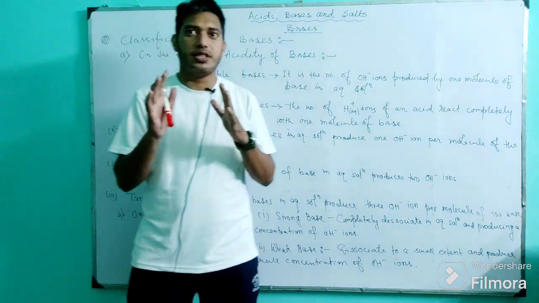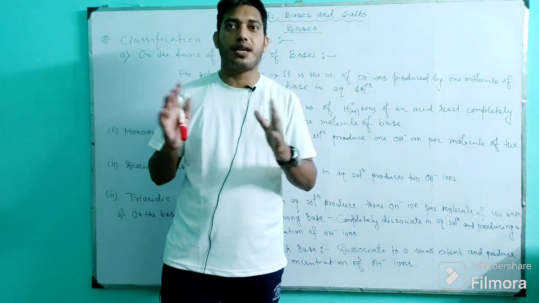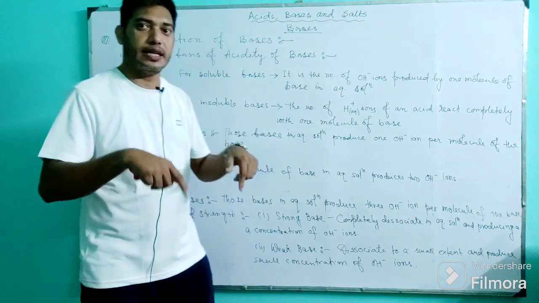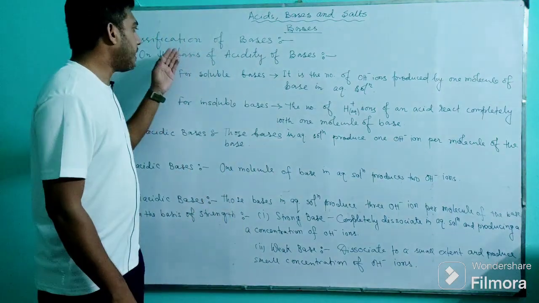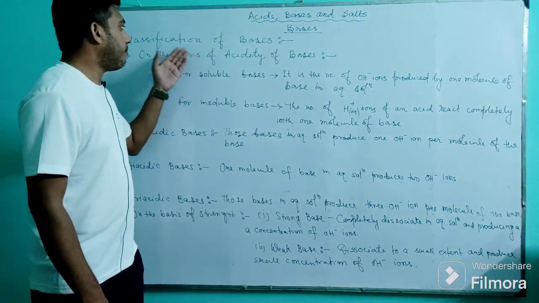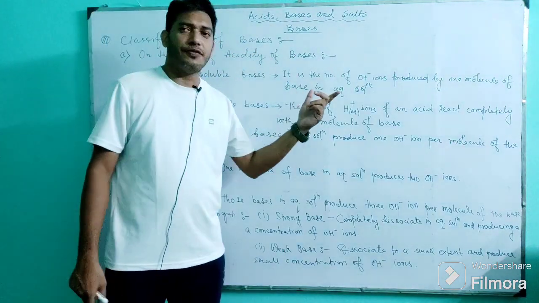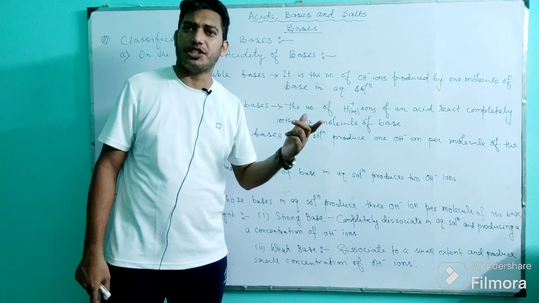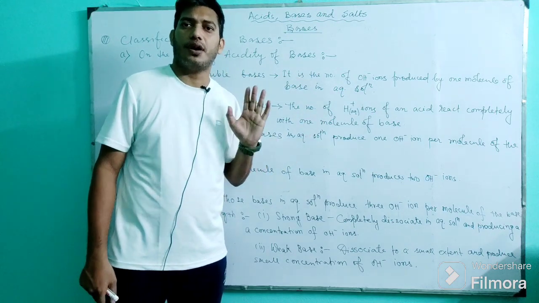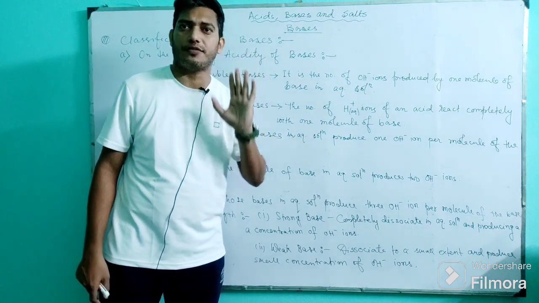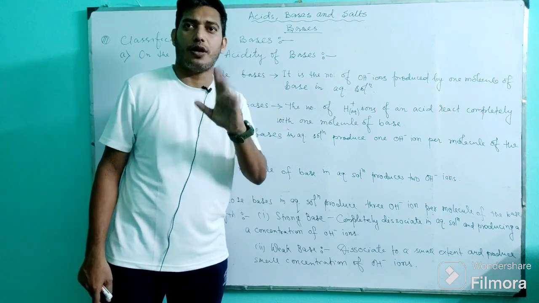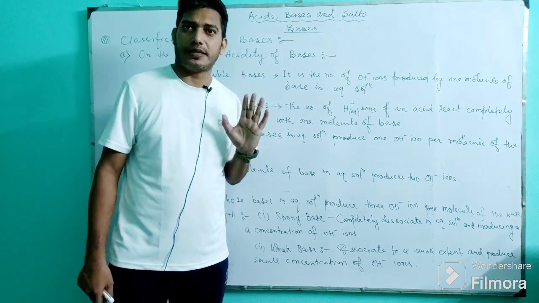It actually depends on the formation of H plus ions. Similarly, in the opposite sense, the acidity of a base is the number of OH minus ions formed from one molecule of base.